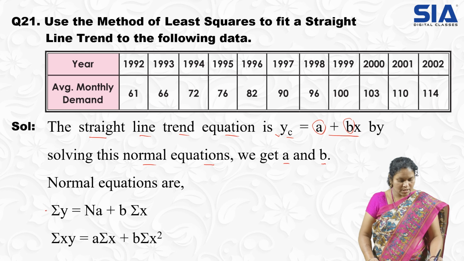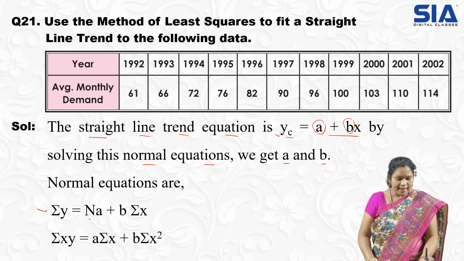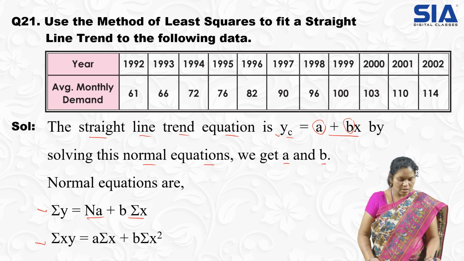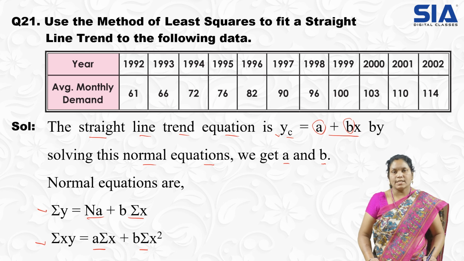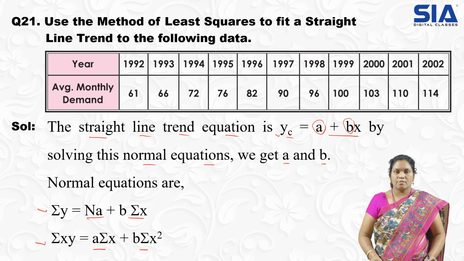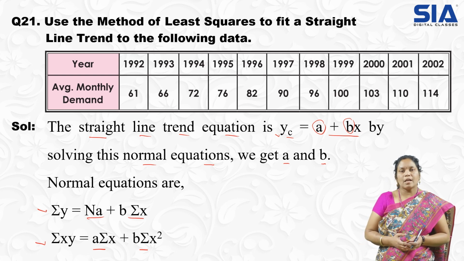The normal equations are: summation y equals na plus b summation x. That is your first normal equation. Then the second normal equation: summation xy equals a summation x plus b summation x square. These are the two normal equations. We'll be using these equations to get our straight line, which gives the trend line values.